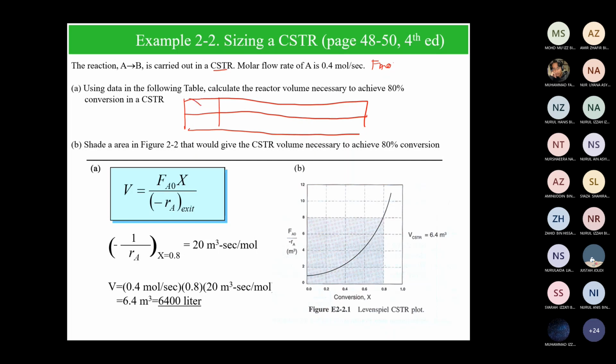You should have X and negative RA in mol per meter cubed per second.